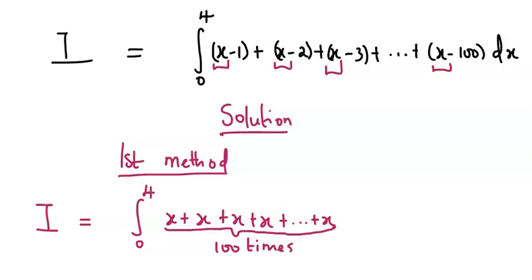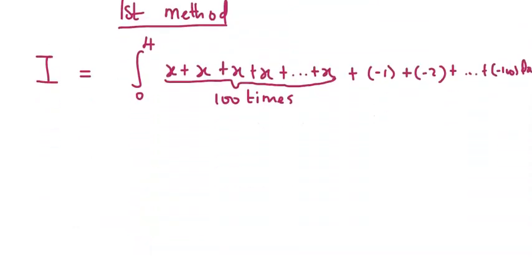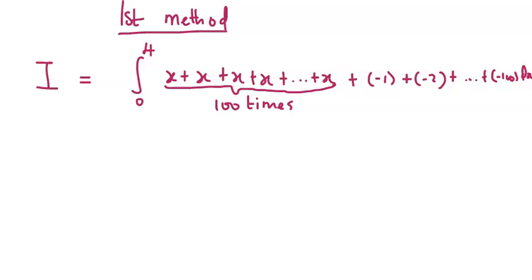And again, we have negative values. Negative 1, you can see it here. We have negative 2, negative 3, up to negative 100. So we can write it as plus, then we have negative 1 plus negative 2, and this sum continues up to negative 100, and we have our dx. Now we have I equal to the integral from 0 to 4.